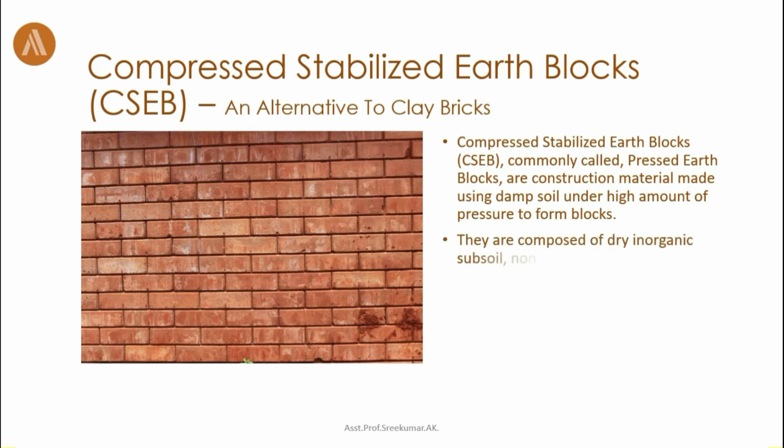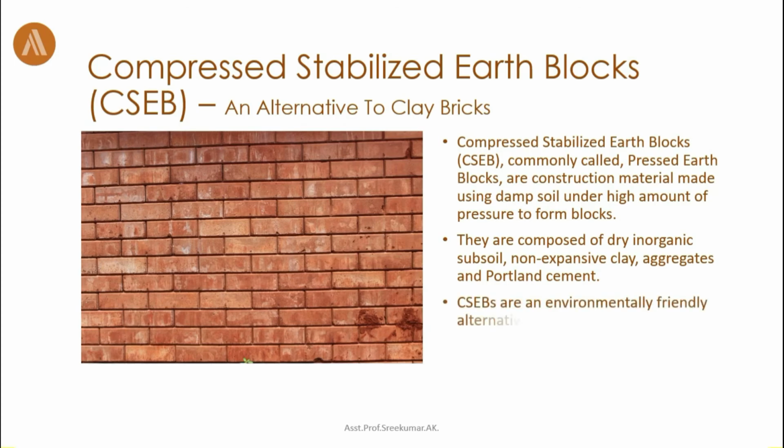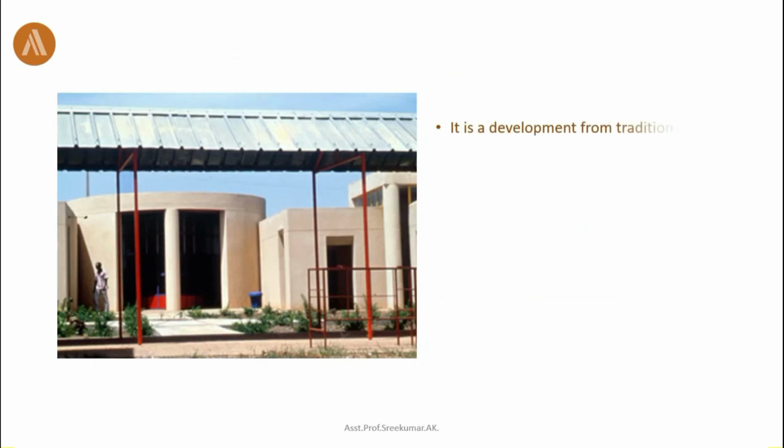They are composed of dry inorganic subsoil, non-expansive clay, aggregates and Portland cement. CSEBs are an environmentally friendly alternative to clay blocks that most of the residential construction in India today uses. It's a development from traditional rammed earth.